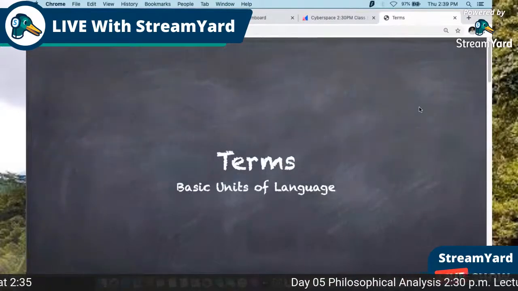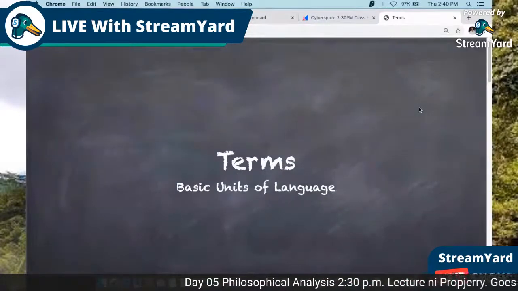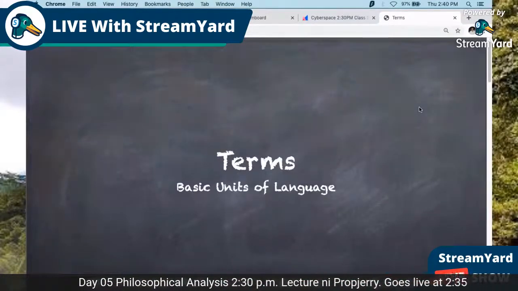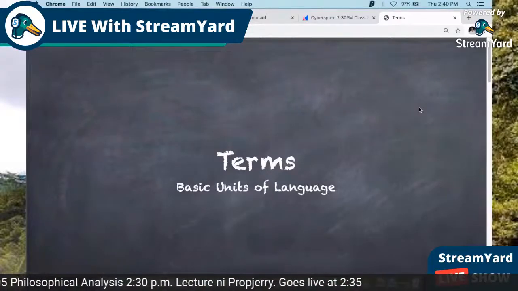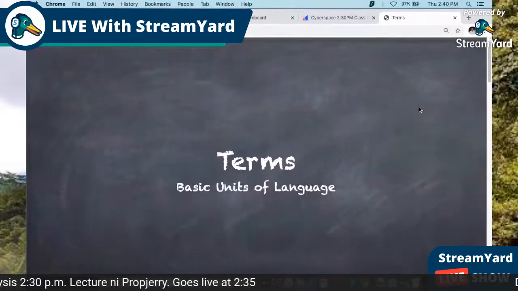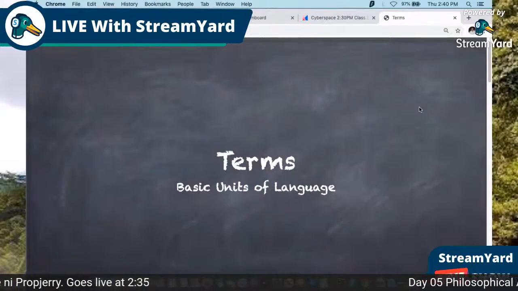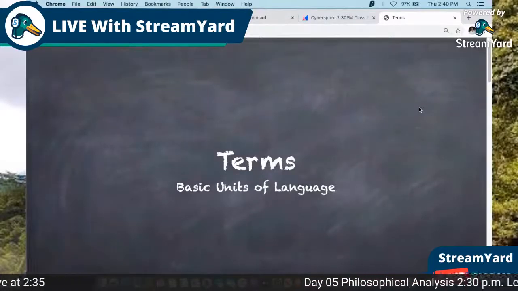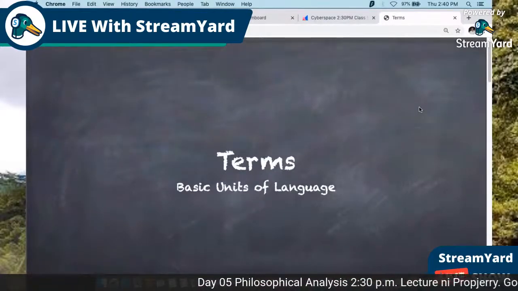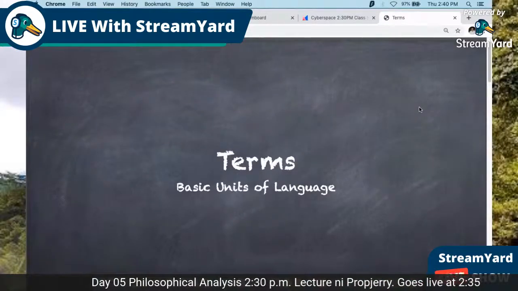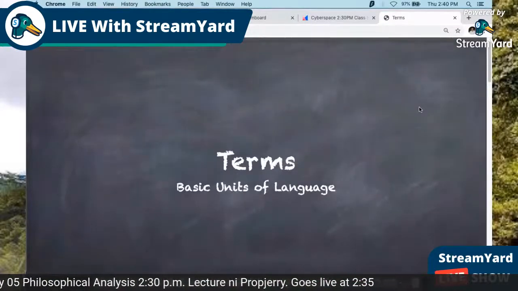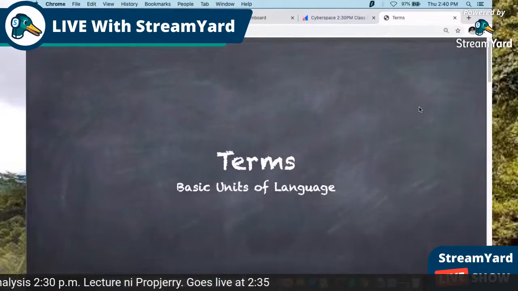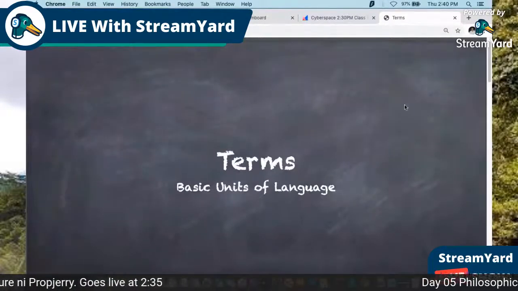In addition, enhancing or facilitating your capacity to transfer and accumulate knowledge, to think, and to perceive. There you go.